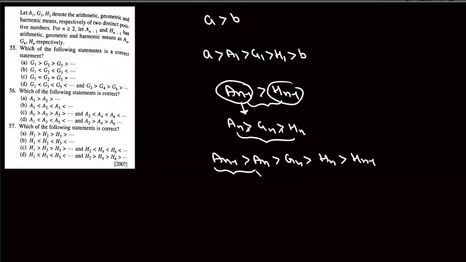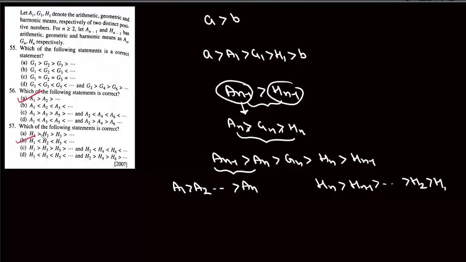Here if we continue the sequence, we can write A1 will be greater than A2, greater than An, and Hn will be greater than H(n-1), greater than H2, greater than H1. So from here we can say our result is A1 should be greater than A2 and H1 should be less than H2.